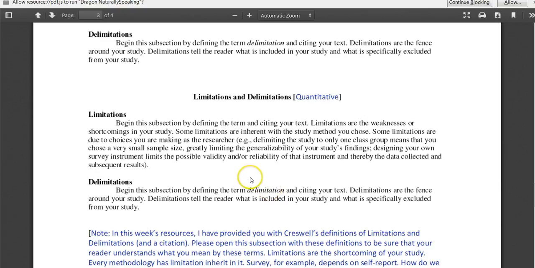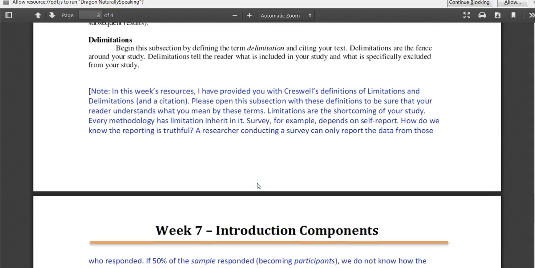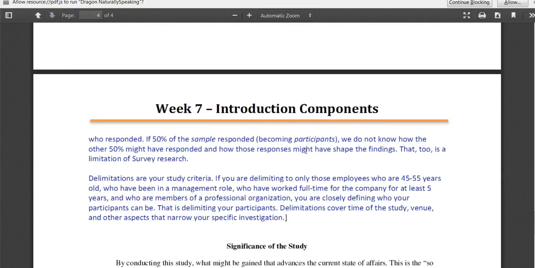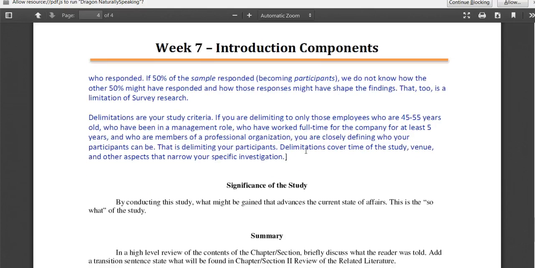And so you would delimit in those ways. Okay, so notice that there are resources for those things again in your resources for week 7.